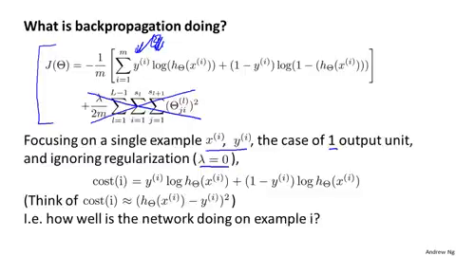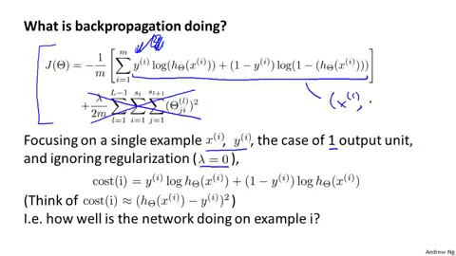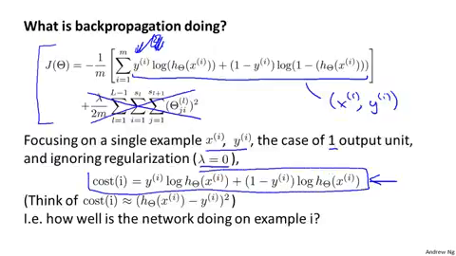Now, if you look inside this summation, you find that the cost term associated with the ith training example, that is the cost associated with training example xi, yi, is going to be given by this expression. And what this cost function does is it plays a role similar to the squared error.